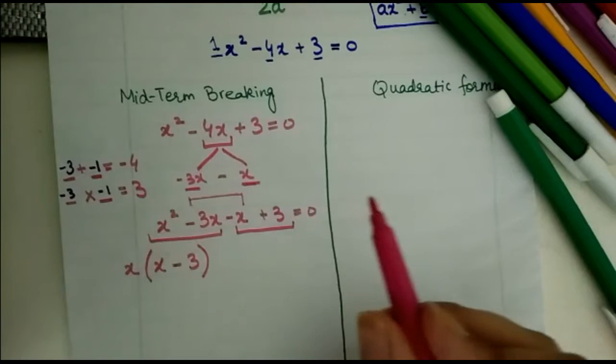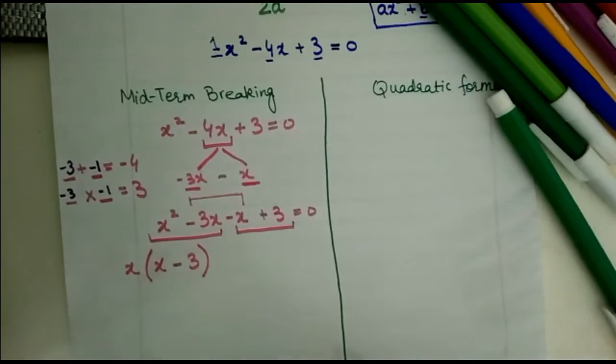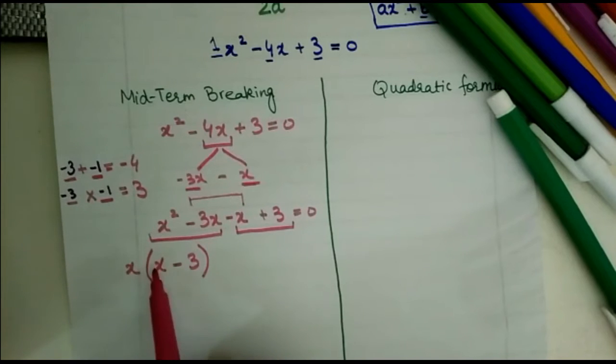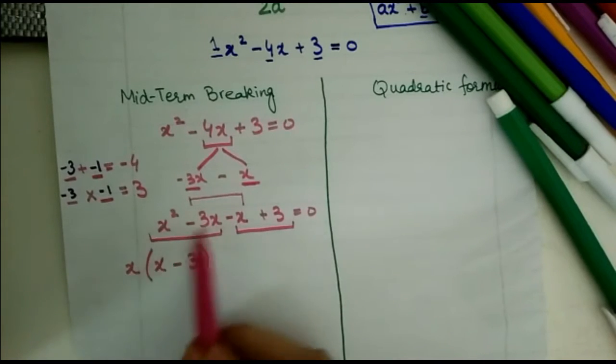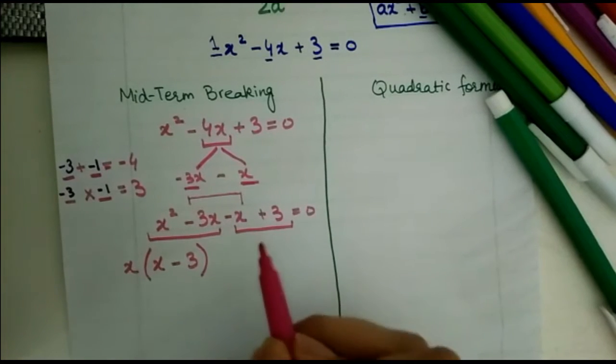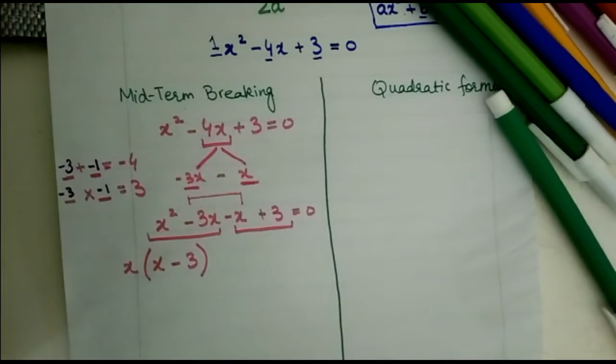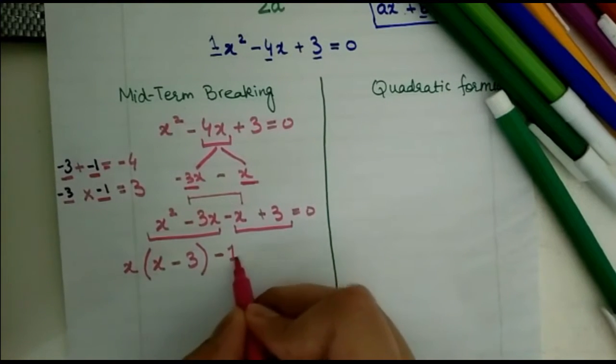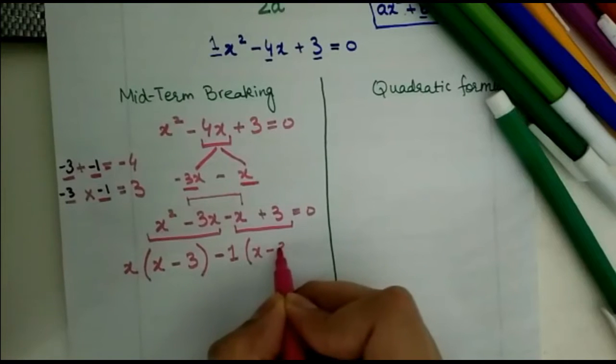To make sure you did the correct factorization, you can check it again by multiplying with the brackets. X square minus 3x. That is what we had before. Now I'll be factorizing the other terms. Can I take minus 1 common over here and x minus 3?